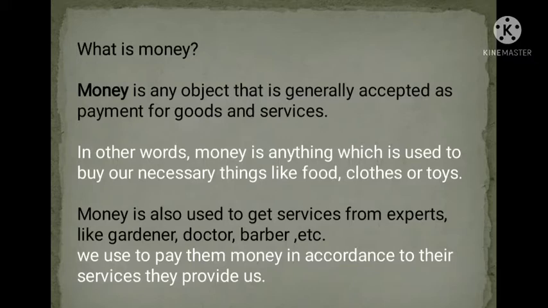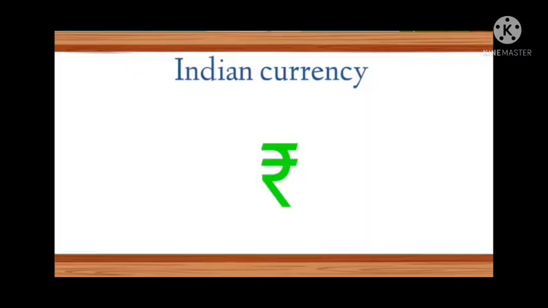Who cleans the garden, waters the plants, cuts them. Or a barber, who cuts our hair. So, anyone whose service we need, how do we get that? In return of money. We pay them money in accordance with the services they provide us. We pay them according to their work.